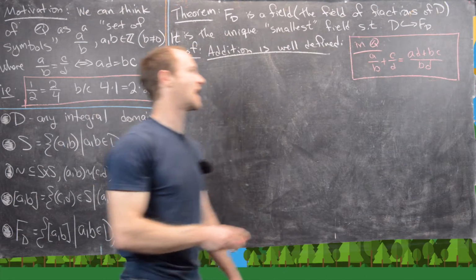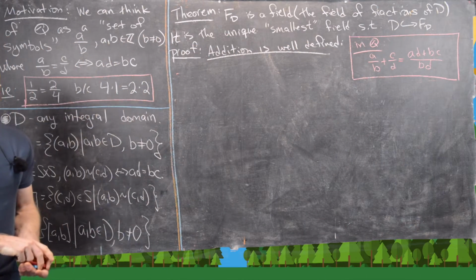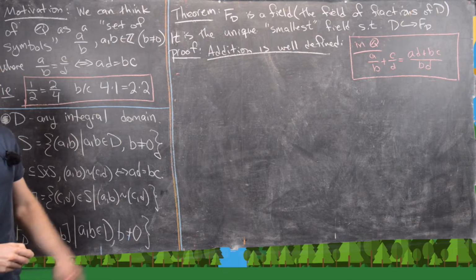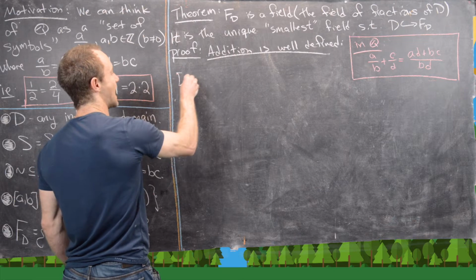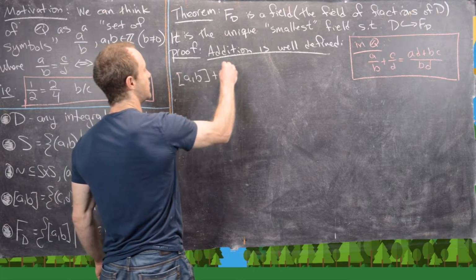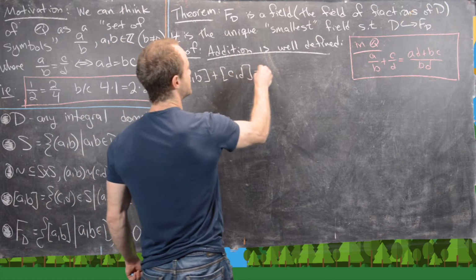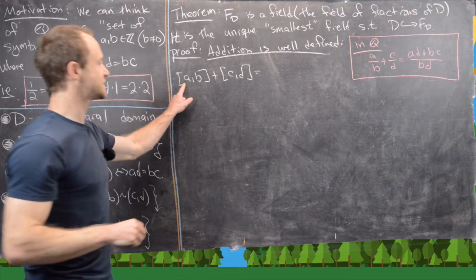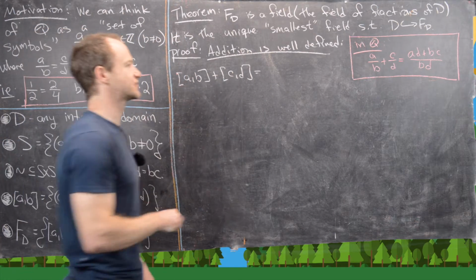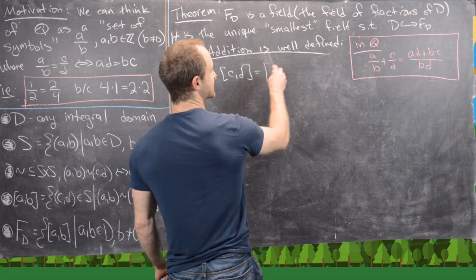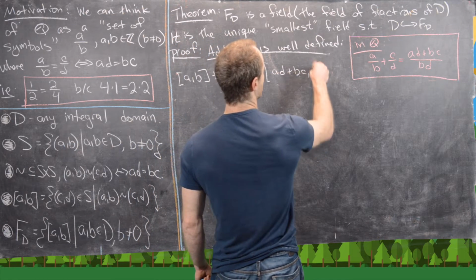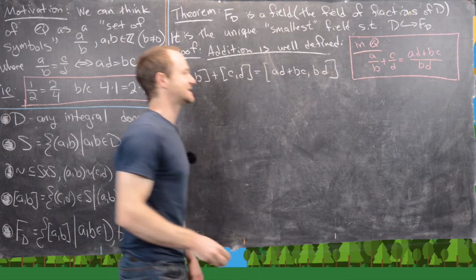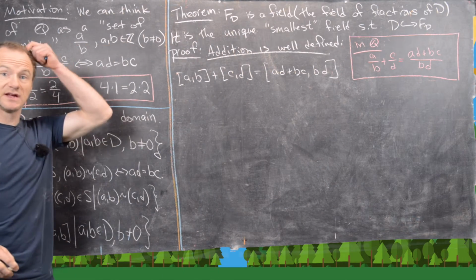Remember, you've got to find a common denominator. So that's how we're going to define addition in our field of fractions. So in other words, we'll have (A, B) plus (C, D) equals, so notice this first entry is like the numerator, the second entry is like the denominator, so that's going to be (AD plus BC, BD). So that's how our addition is going to be defined.